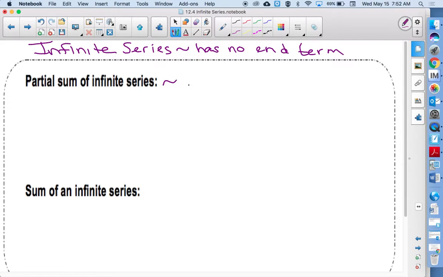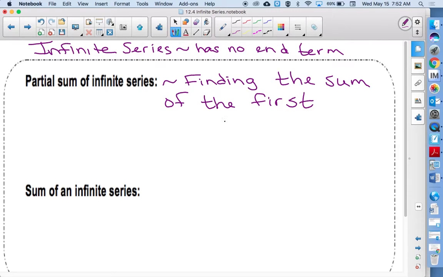So this would be finding the sum of the first n terms. Because it's infinite, I don't know how many terms there are. They're an infinite number. But I could find a partial sum, meaning what would the first 5 equal? Or maybe I wanted to take the first 10 and find out what they equal. Or maybe even just looking at the first 3. So a partial sum would be taking a couple of the numbers in the series and adding them together. Our goal is still to figure out what the sum of the series is.